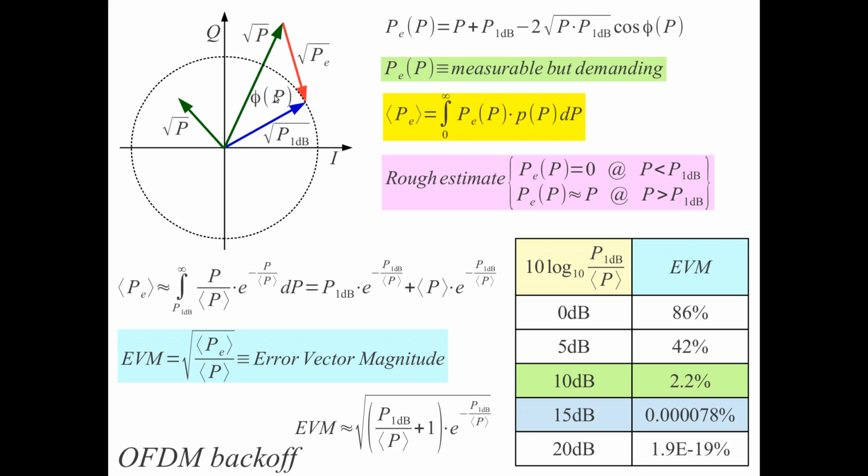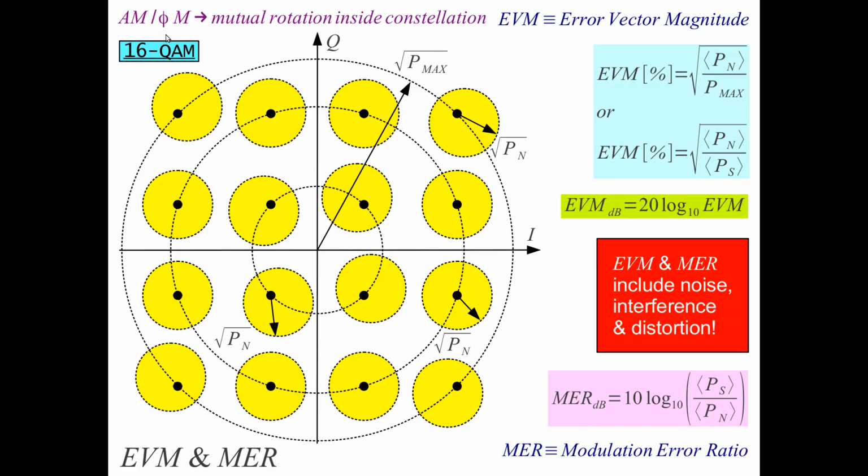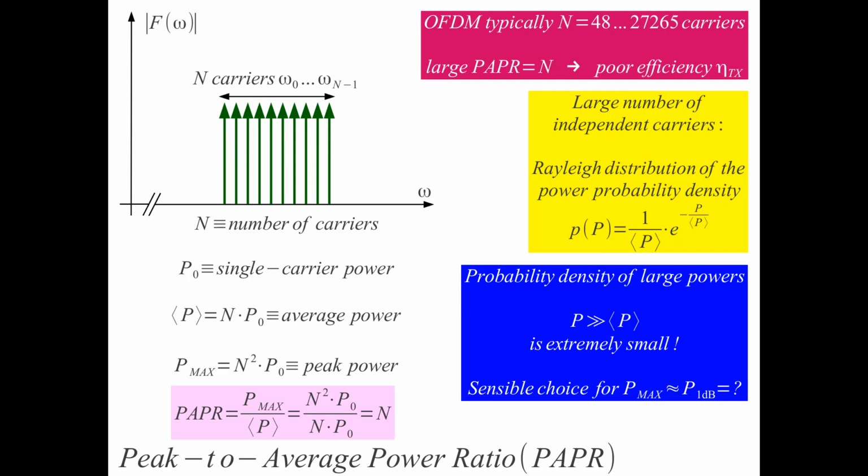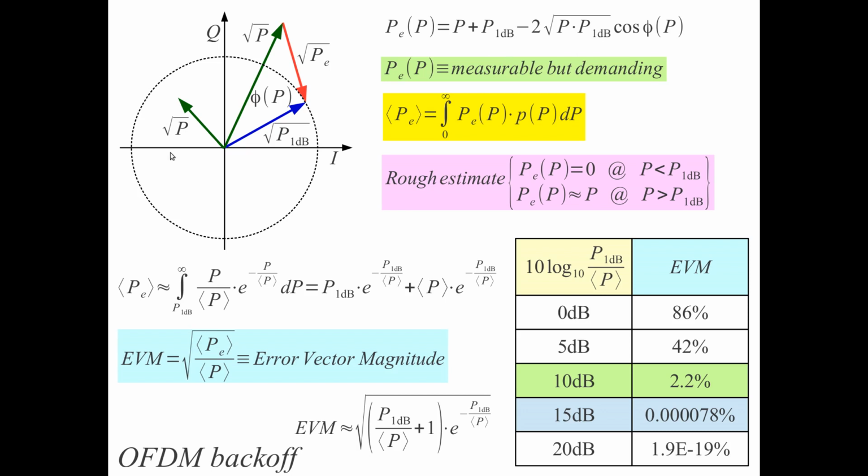This circle here depicts the area of the signals that can be generated by our transmitter. Going outside, the transmitter output stage is no longer able to physically generate this power. We cannot get outside of this circle.